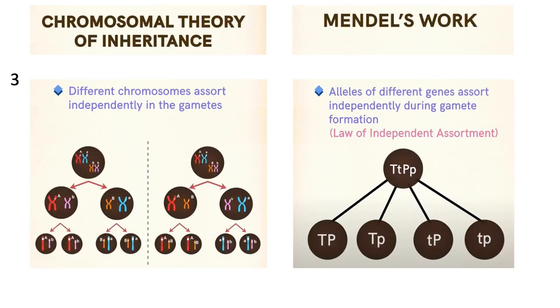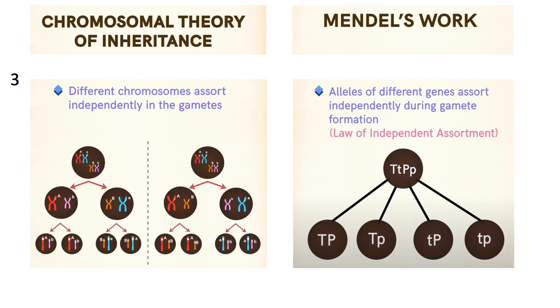The last observation of the theory states that different chromosomes assort into gametes independently of each other during meiosis. This is what Mendel had said in his law of independent assortment. The alleles of different genes assort independently of each other during gamete formation.